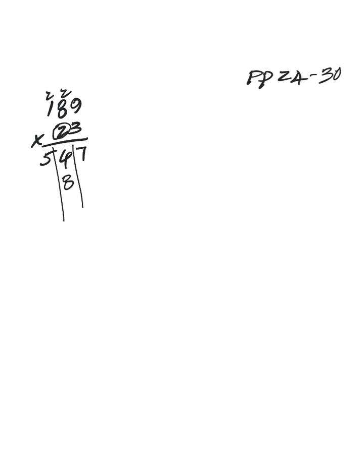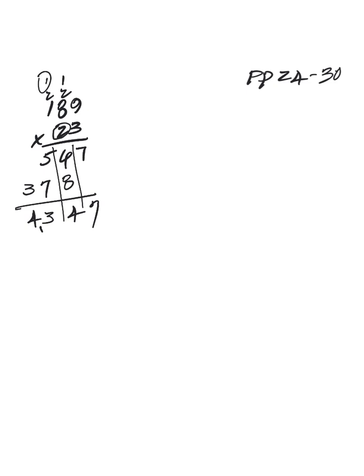So 9 times 2 is 18, we carry the 1, 8 times 2 is 16, 17. Carry the 1. 1 times 2 is 2, plus the 1 is 3. Then we add everything up. And we get 4,347 for an answer.